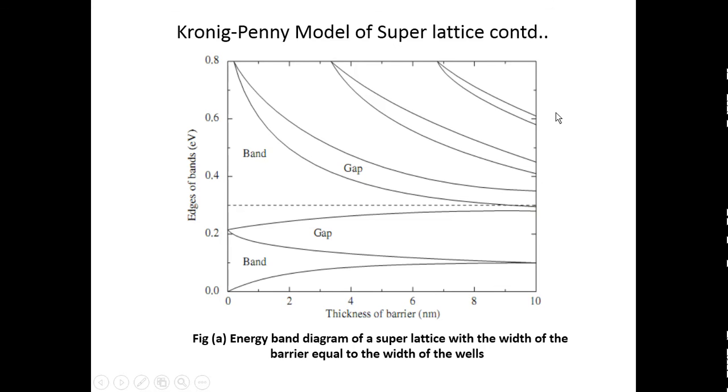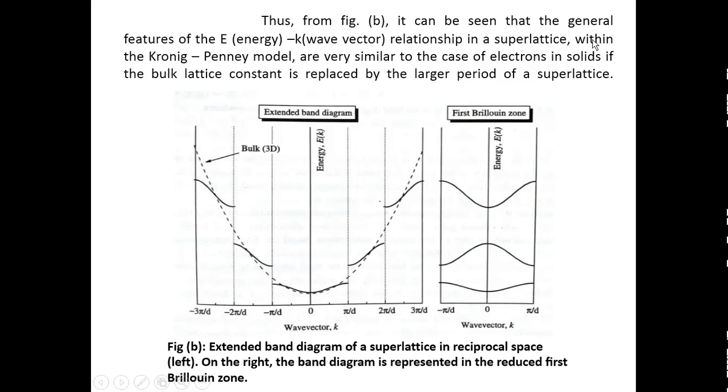It can be seen that the general features of the energy wave vector, that is the E-K diagram, where E is energy and K is the wave vector, and this relationship in a superlattice within the Kronig-Penney model are very similar to the case of electrons in bulk solids if the bulk lattice constant is replaced by the larger period of the superlattice.